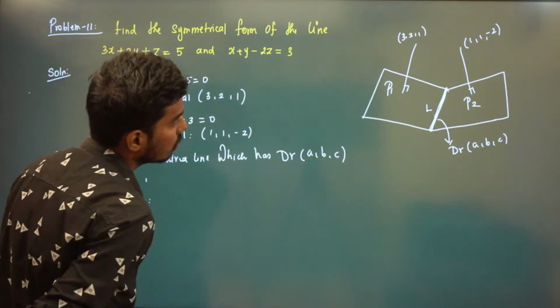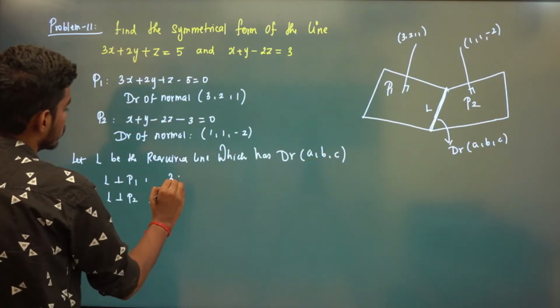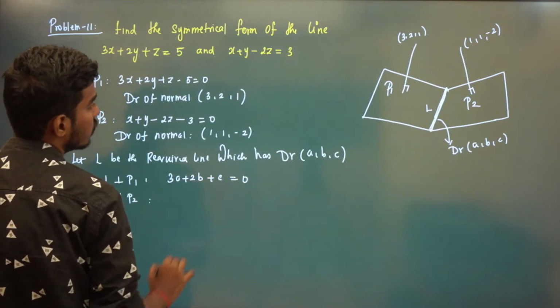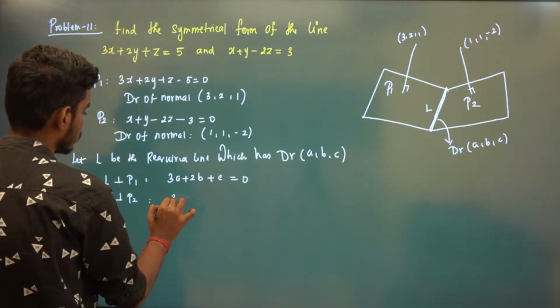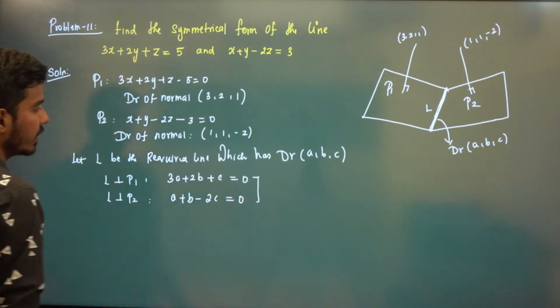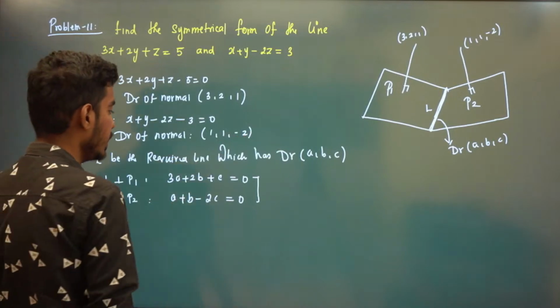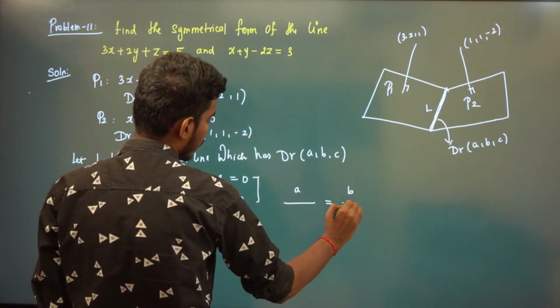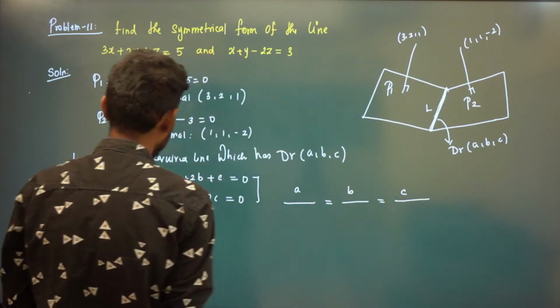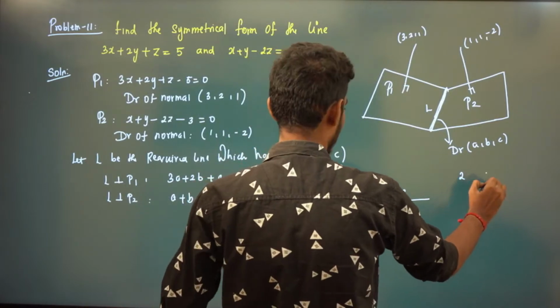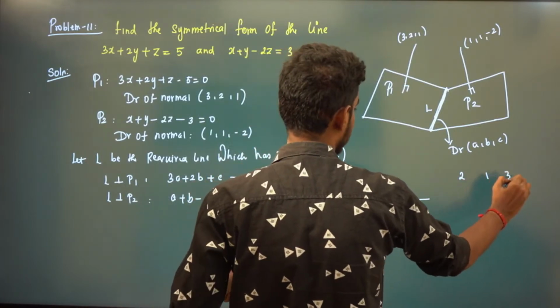So you will have 3a plus 2b plus c is 0, a plus b minus 2c is equal to 0. Now solve this, you can get the direction ratio of the line L by the cross multiplication method. So a by b by c by, to start with the second term, we'll have 2, 1, 1, -2, 3, 2.